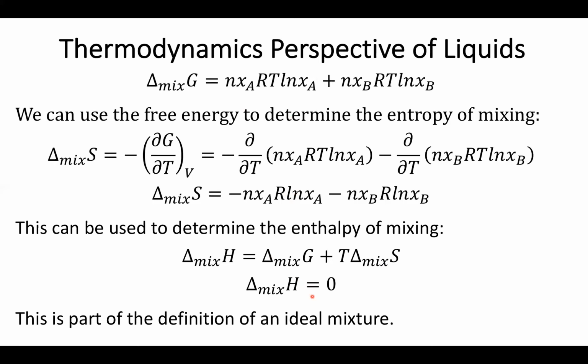Because we started this idea assuming that we had an ideal system, more or less that it obeyed Raoult's law. And one of the important ideas about that is the intermolecular forces of the two species are the same. So if my intermolecular forces don't change, my enthalpy won't change. And this generates an enthalpy of mixing of 0, and thus essentially this relationship between entropy and Gibbs free energy.